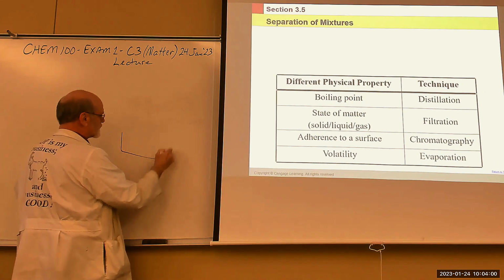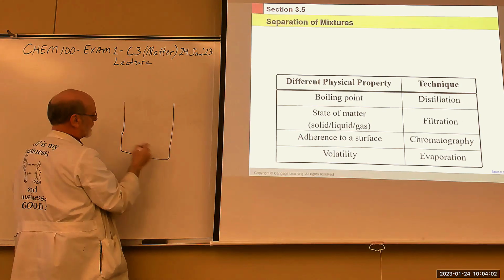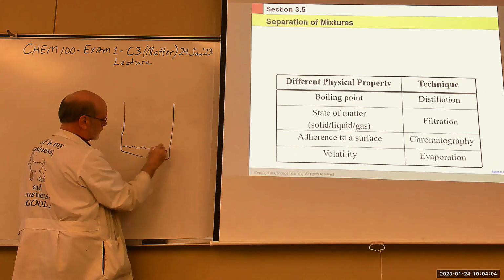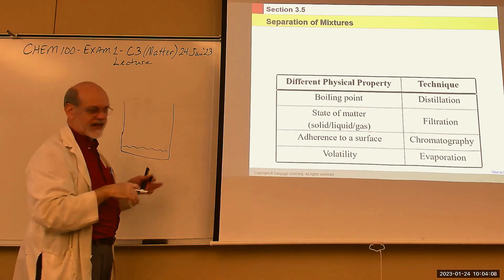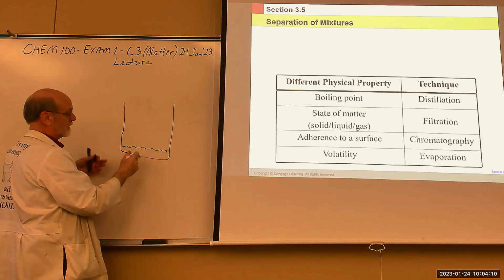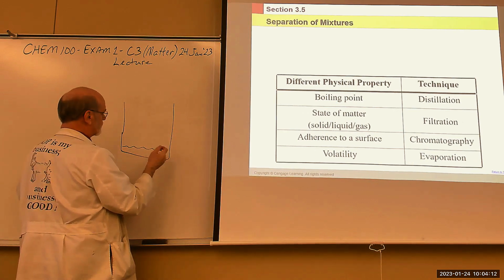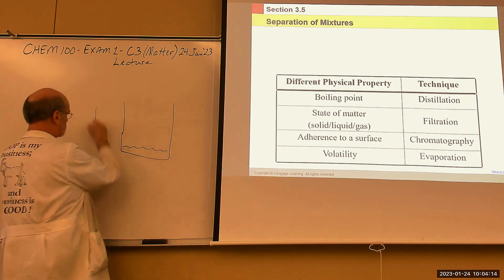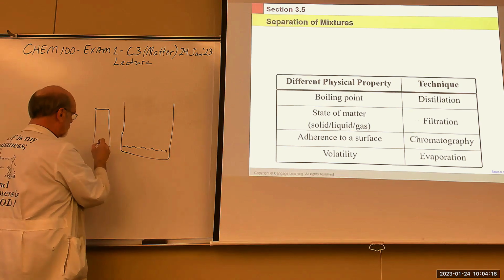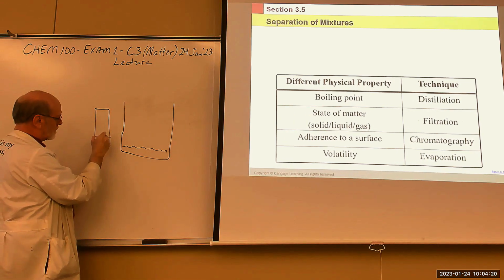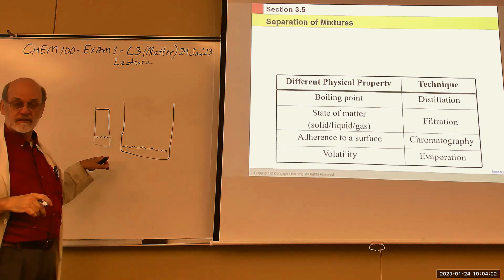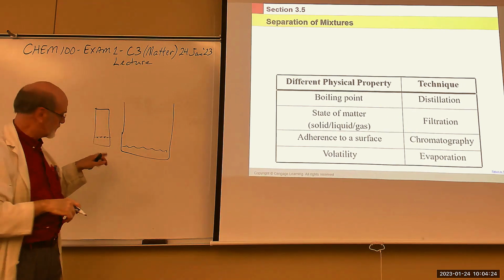So we would have this container, and we would have some liquid down here, probably ethanol. It didn't have to be, but it could have been. It could have been water. And we would take a piece of paper, and on this line, we would spot extracts of our leaf tissue.